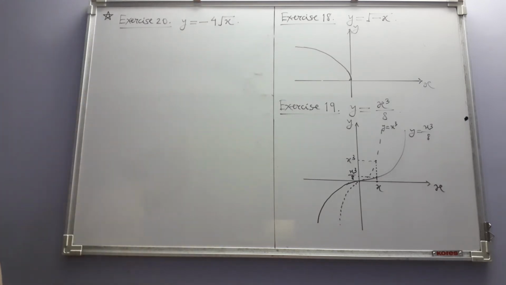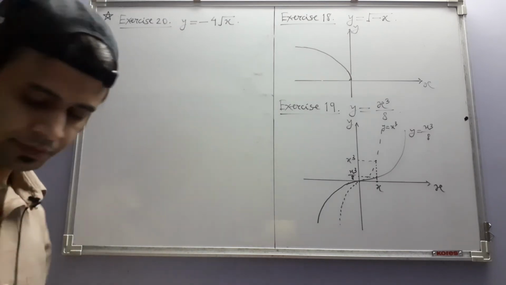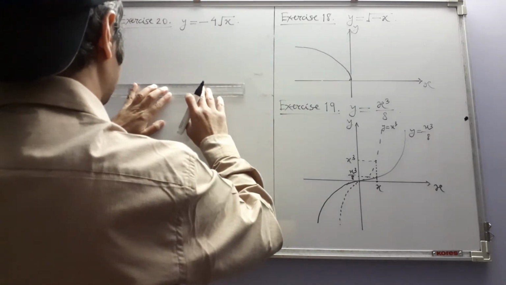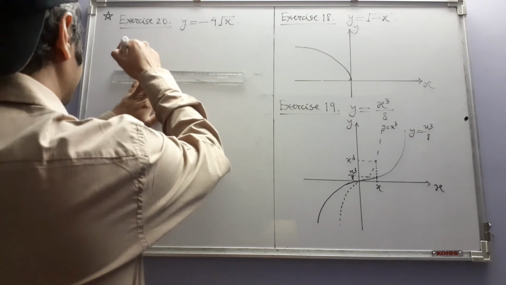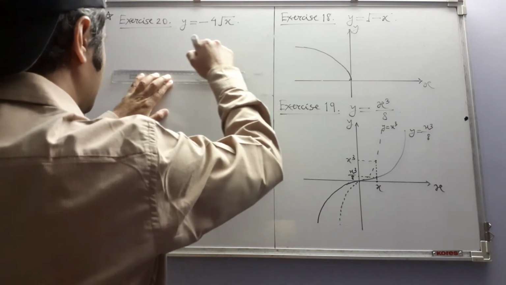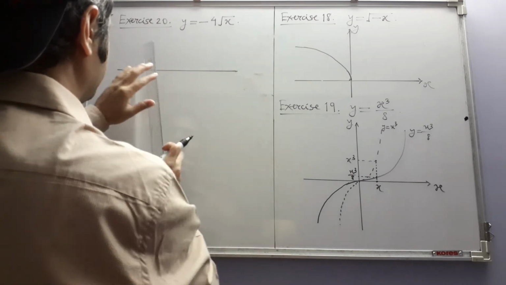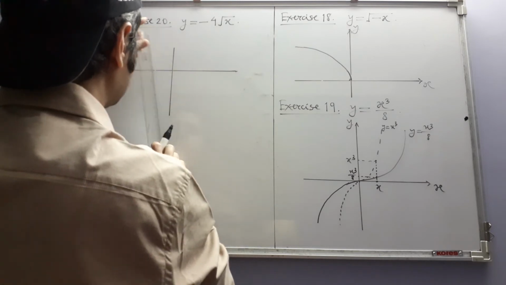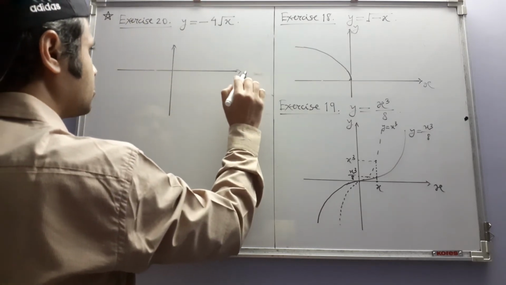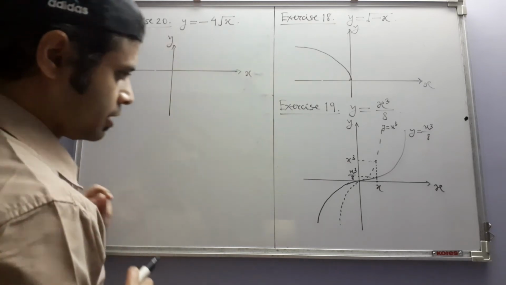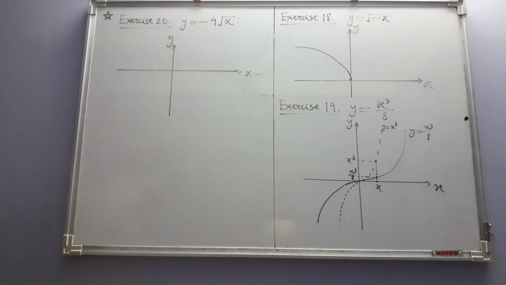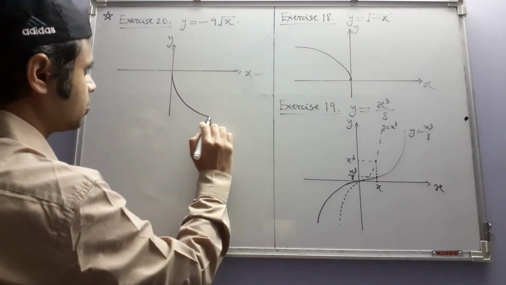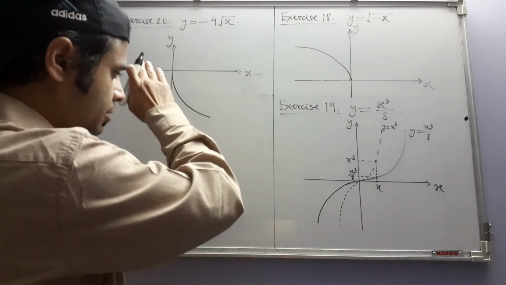So it looks like this. And besides all these things, it's also multiplied by 4. X, y, this of course is the origin, and the graph goes down like this and it keeps going down.